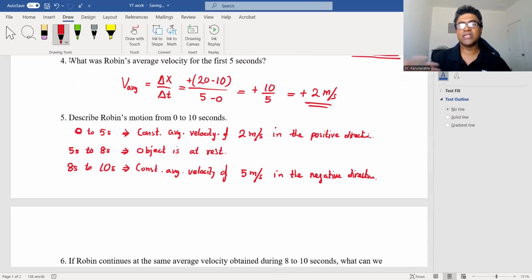So that's how we describe Robin's motion from 0 to 10 seconds. It is divided into 3 segments: 0 to 5 seconds, 5 seconds to 8 seconds, and 8 seconds to 10 seconds.